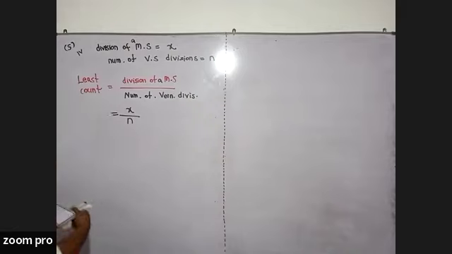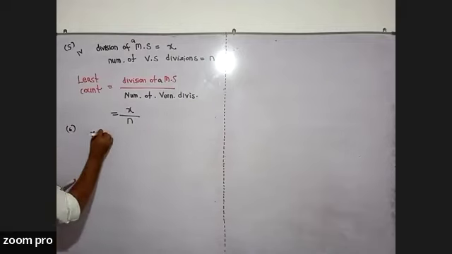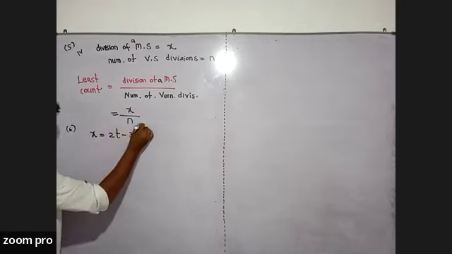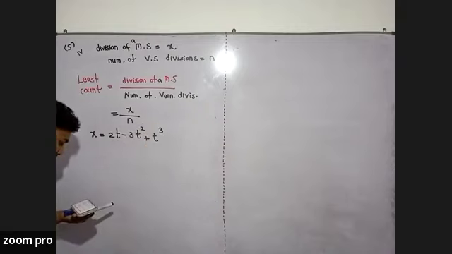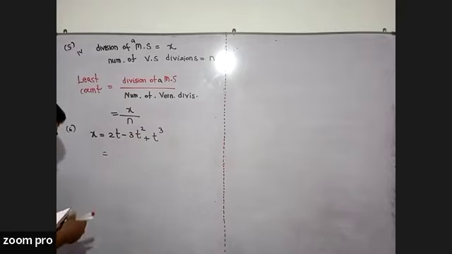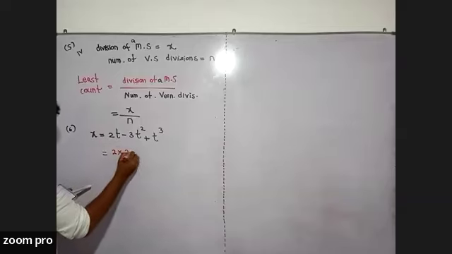Okay, let's move on to the sixth one. Displacement of an object is given by the formula x equals t minus 3 t squared plus t cube. What is the displacement when t is equal to 2? We can obtain the answer by substituting the value for t as 2.